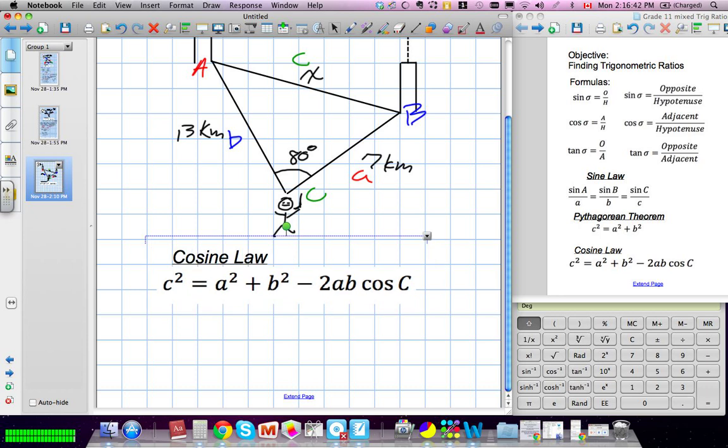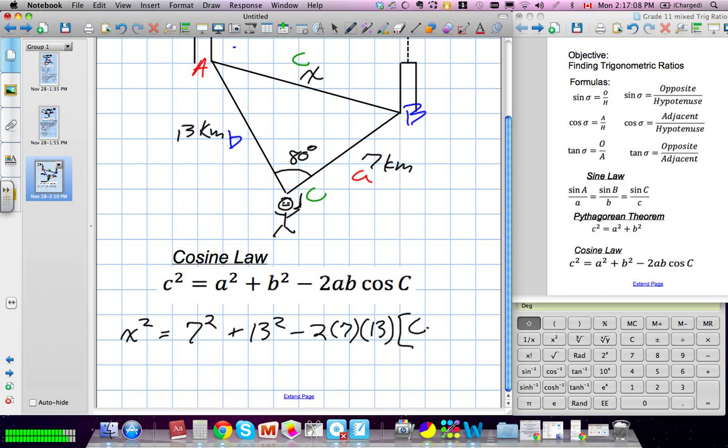So that now becomes our x squared. Our a squared is 7 squared. B squared is 13 squared. Minus 2 times 7 times 13. And I'm going to put it in brackets just so you guys remember this is multiplied by cos. Our angle C is 80.